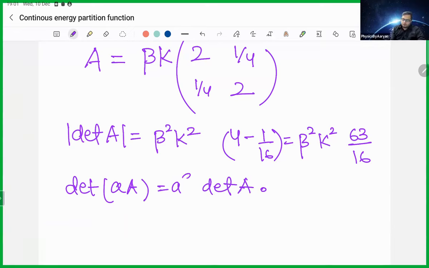But once you apply a magnetic field, your system has two options: either it can be in energy mu H, or in energy minus mu H. When it is in energy mu H, it is spin down, basically MS is minus half, and when it is minus mu H, it is spin up, basically MS is plus half. This much clear to all?